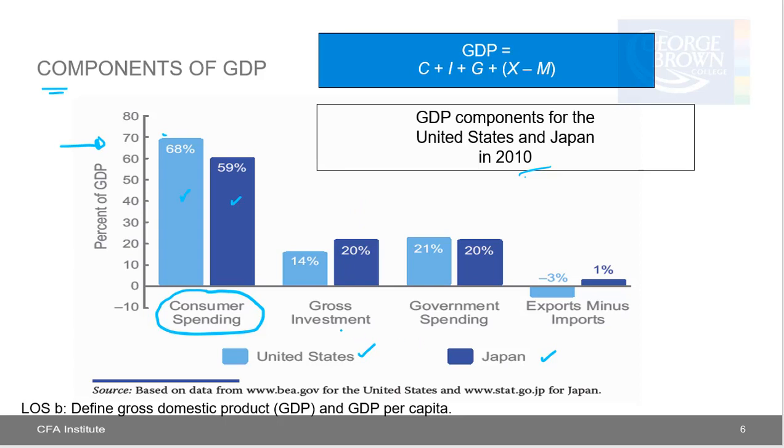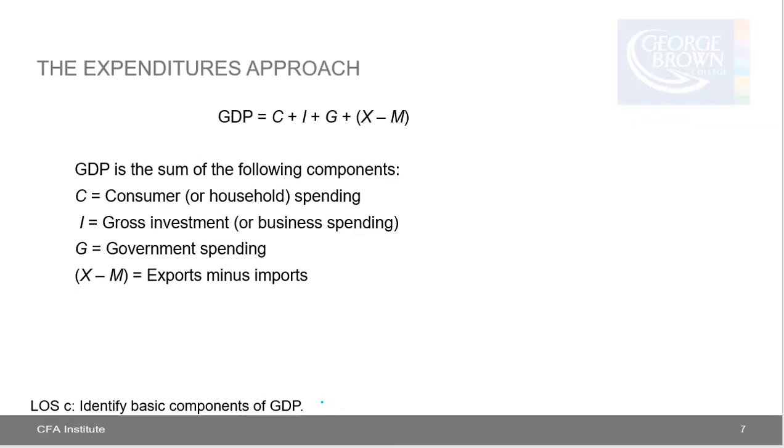Then you can see, again, just the formula for GDP, just to remind you: consumer spending plus gross investment plus government spending plus, in brackets, exports minus imports, okay? And the largest component of GDP is consumer spending. Learning outcome statement C is identify the basic components of GDP, and we've done that. GDP equals C plus I plus G plus brackets X minus M, and GDP is the sum of the following components.